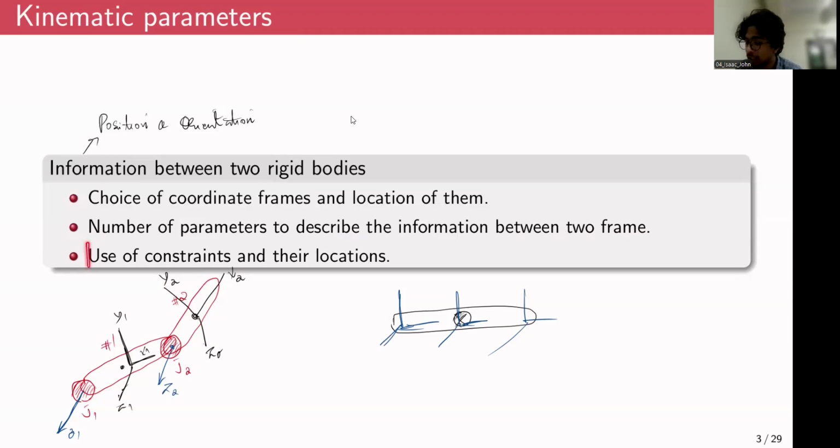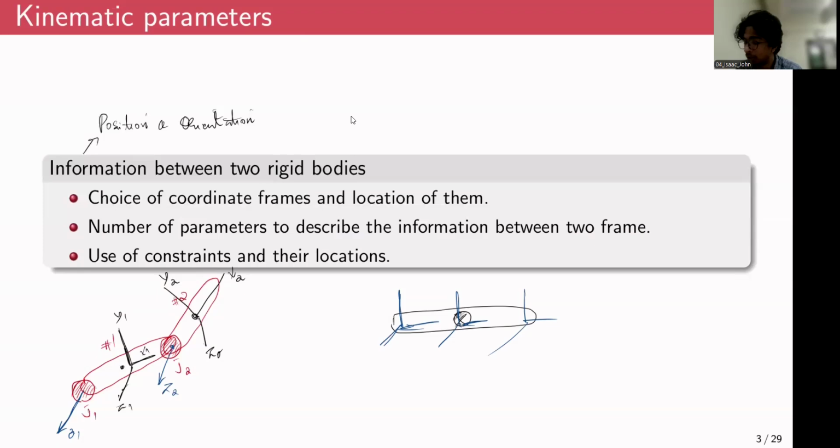And then we also need a mechanism to use the constraints and their locations. By constraints, I mean what is the degree of freedom each of these frames of reference has.